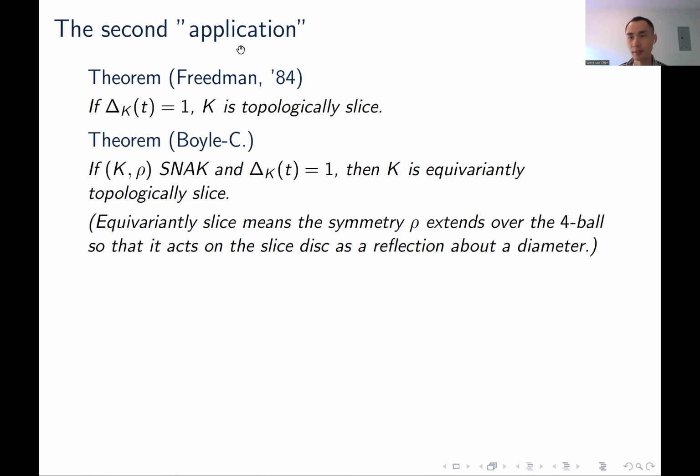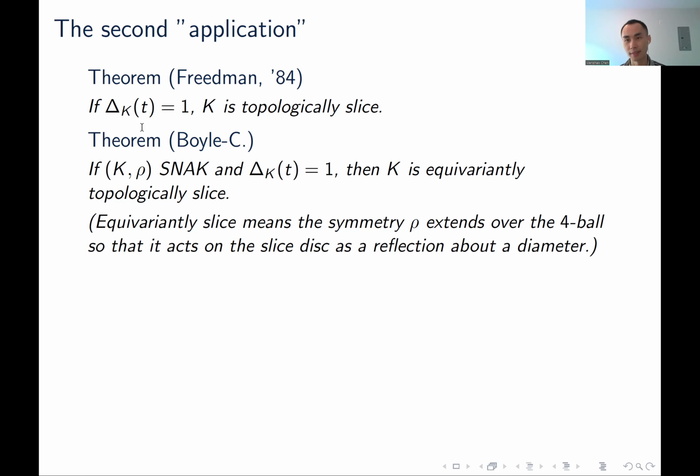And here's the second application, which is also on knot concordance. First recall a really well-known theorem due to Freedman, which says if you have a knot and its Alexander polynomial is trivial, then the knot is topologically slice.